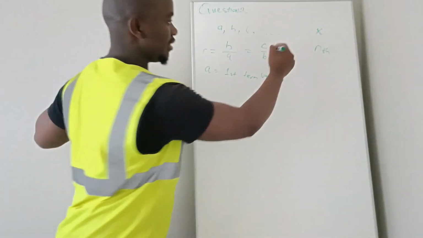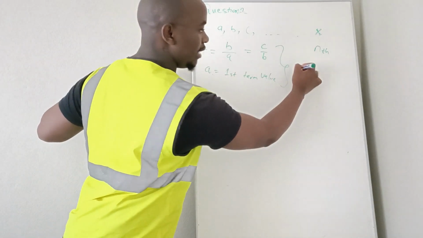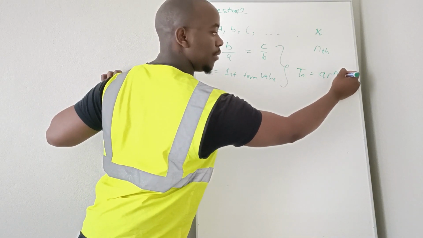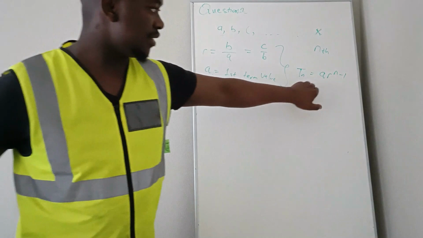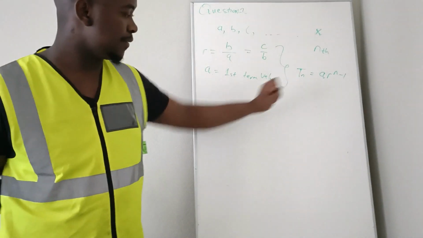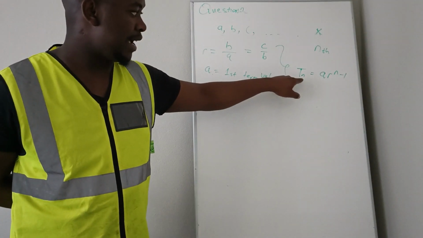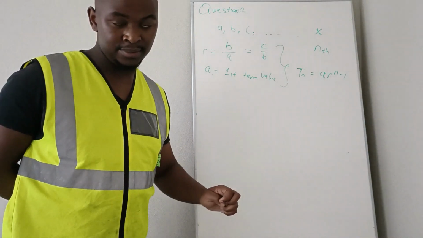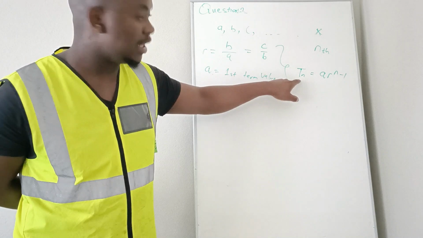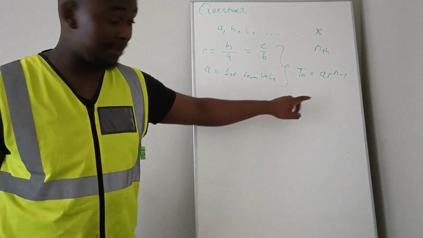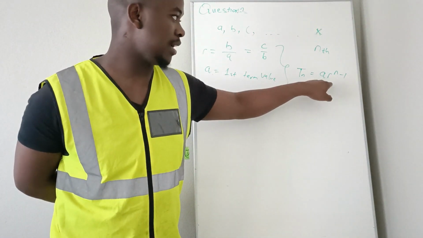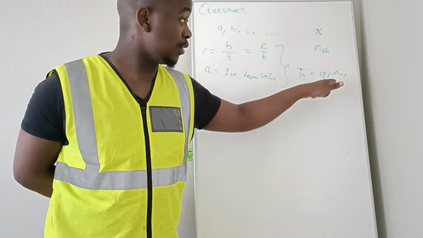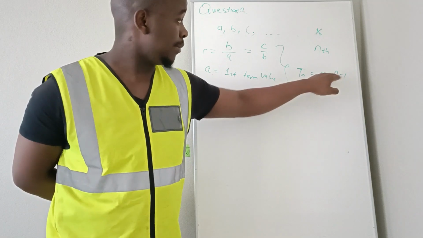And all of this is described by Tn equals A times r to the power n minus 1. What does this say? This says that the value that is in the nth term is described by this equation, A multiplied by r to the power of the term number that we would like to find this value for, minus 1.